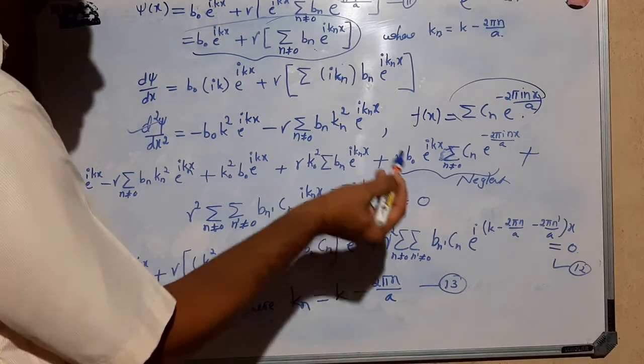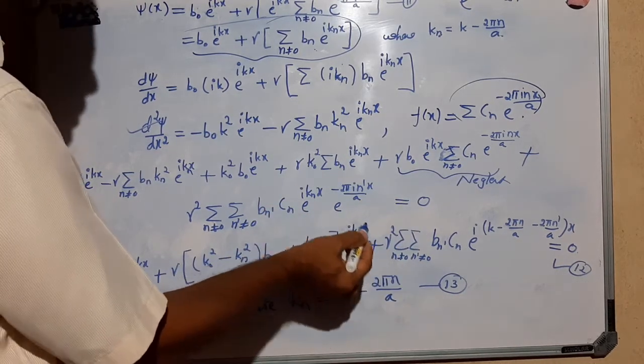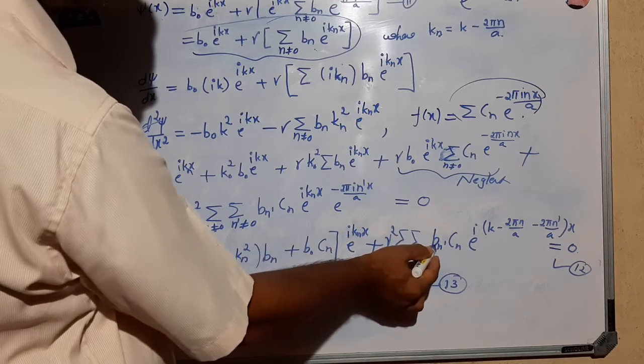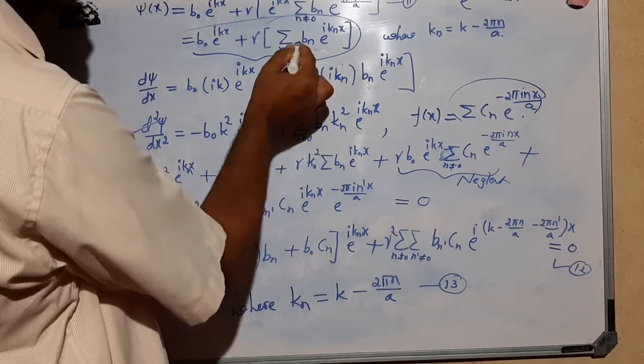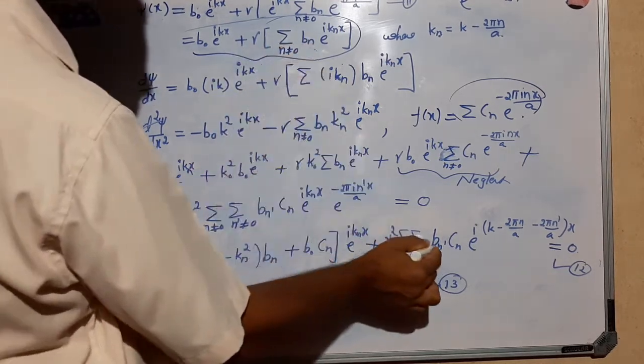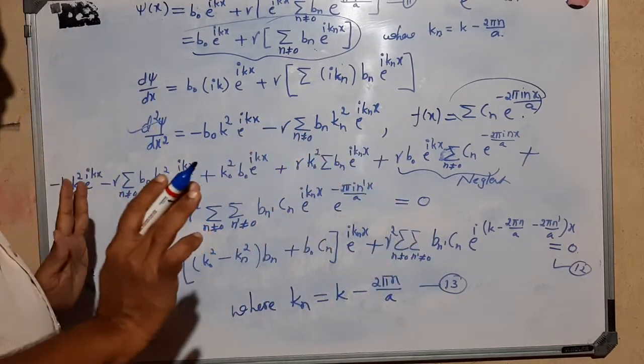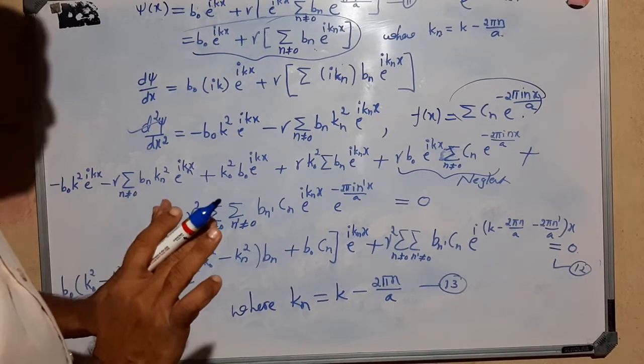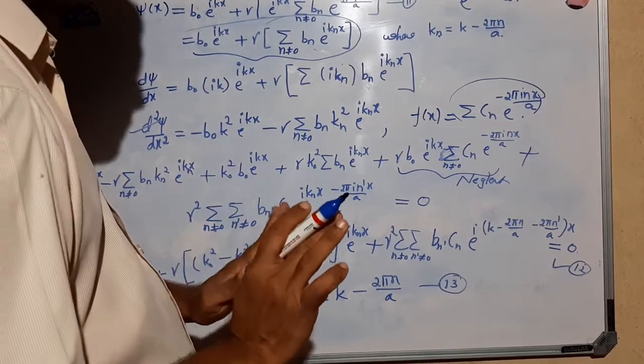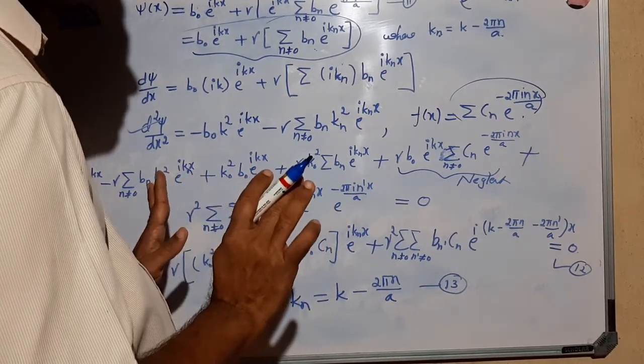Therefore, in order to understand that, I have replaced, in the expression of xi of x, bn by bn dash, that's all. So n dash is also an integer, n is also an integer, but n need not be equal to n dash.